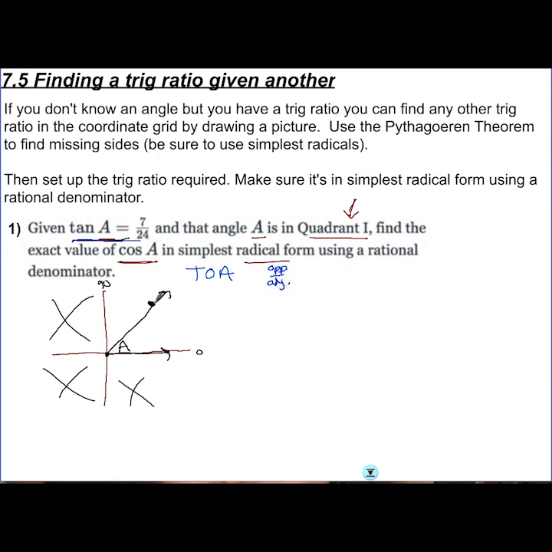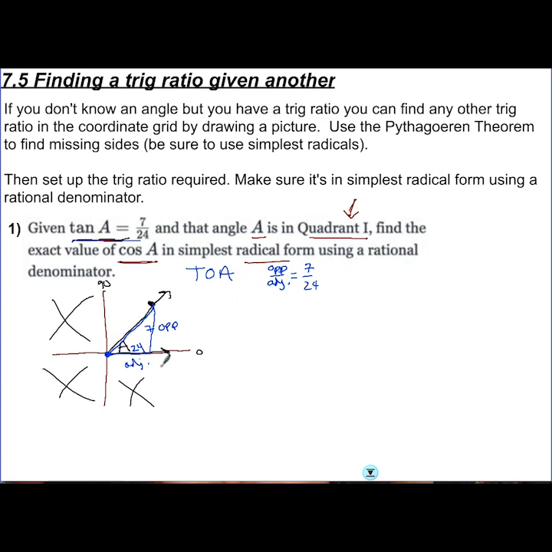If this angle is here, we're going to build a reference triangle, okay? And if that's the case, this side right here is the opposite side, and this is the adjacent side, okay? And if they say that 7/24, then we know the opposite side is 7, so let's write this. And we know the adjacent side is 24.